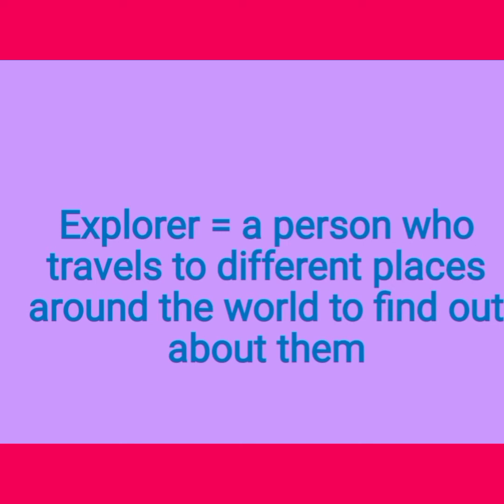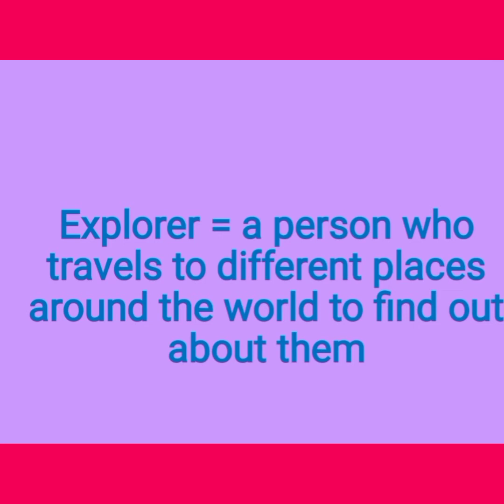Explorer. Explorer means a person who travels to different places around the world to find out about them. Suppose a person travels to different places around the world to find out about them. That means he wants to know more about the world.